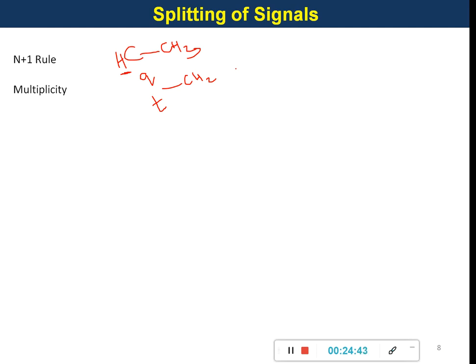So, here we should know about the term called multiplicity. That is the number of peaks in a signal. The number of protons bonded to the immediate carbon, that is the adjacent carbon, determines the multiplicity.